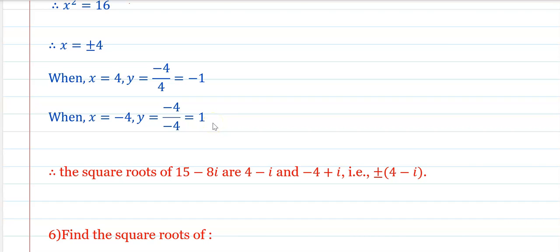Okay. Therefore, the first root is 4 minus i. The second root is minus 4 plus i. And if we compute it, then you will get plus or minus (4 minus i).